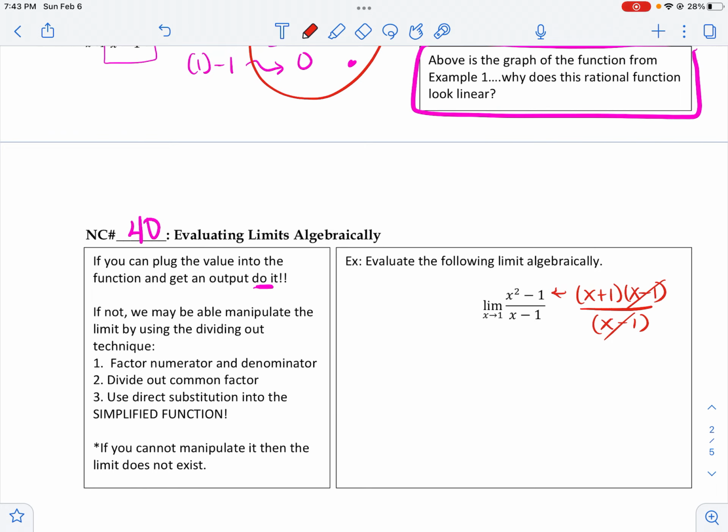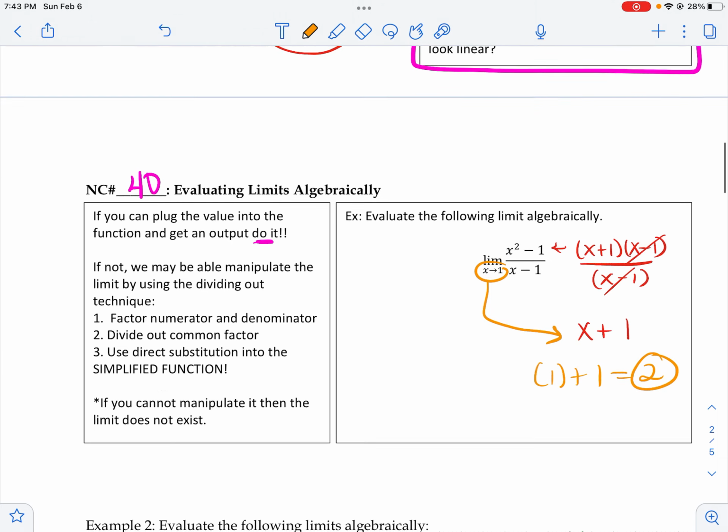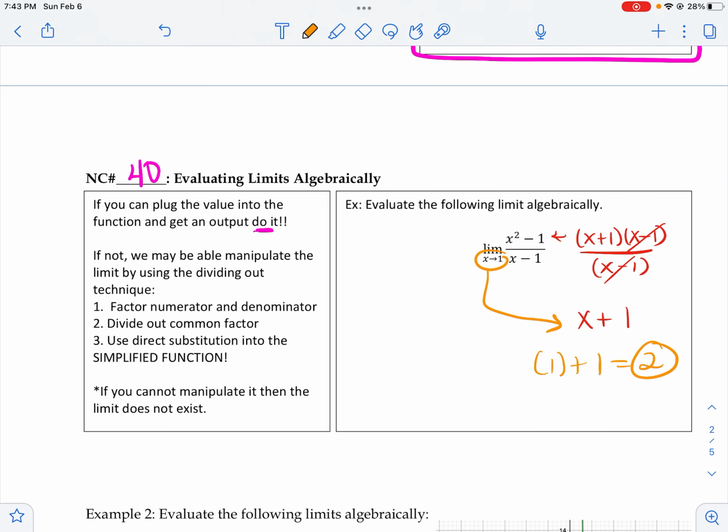In this case, we're not interested in that common factor. All we're interested in is the simplified function x plus 1. Now I could plug the value in that you're being asked for the limit. I'm going to plug 1 right into there. 1 plus 1, 2, which is what we saw graphically above. So you could take a picture of this and put it into your flipbook.